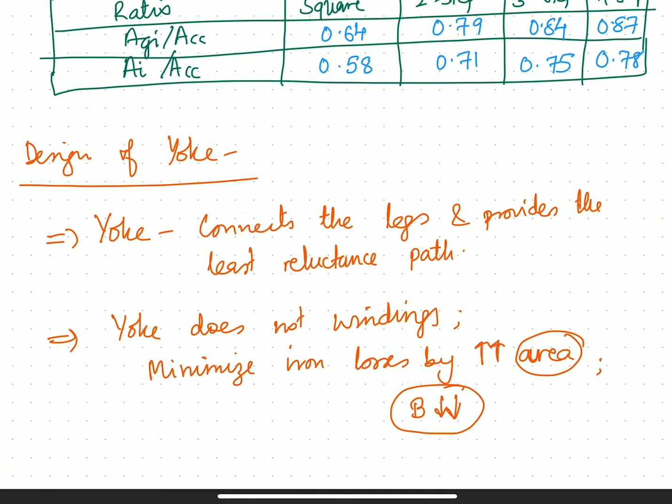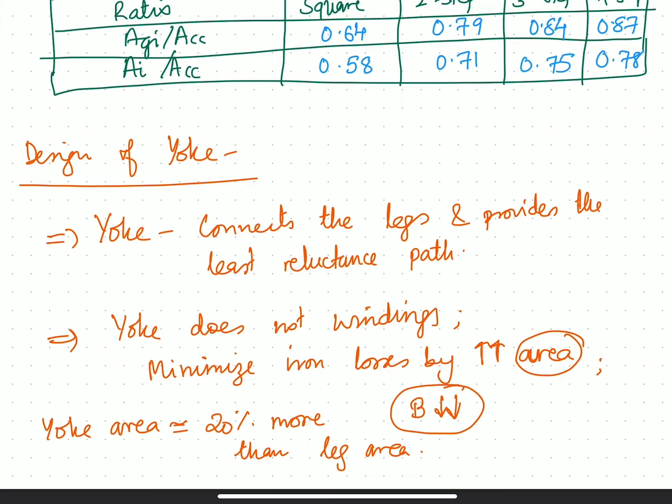So you have to keep in mind that the yoke area is about 20% higher than the leg area.